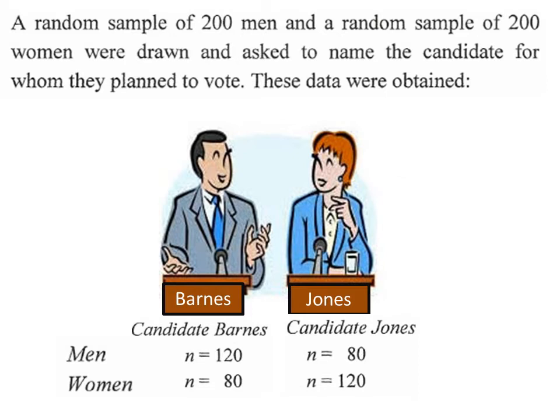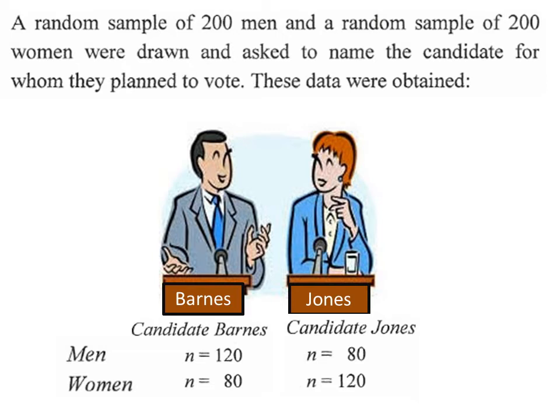And the data was obtained, and so when we look at candidate Barnes, we see that 120 men say they're going to vote for candidate Barnes, and 80 women. If we look at candidate Jones, it is the opposite.